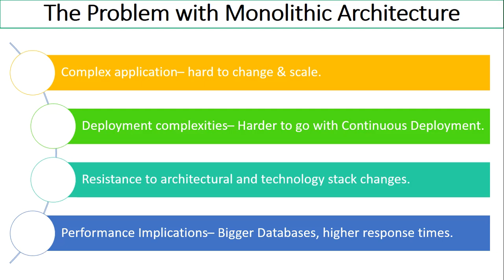What happens is that if you have multiple functionalities as part of your application, let's suppose one of the search functionalities needs to be scaled up because you observe that your customers or your clients are making too many searches. But the problem is that the whole application is clubbed together.